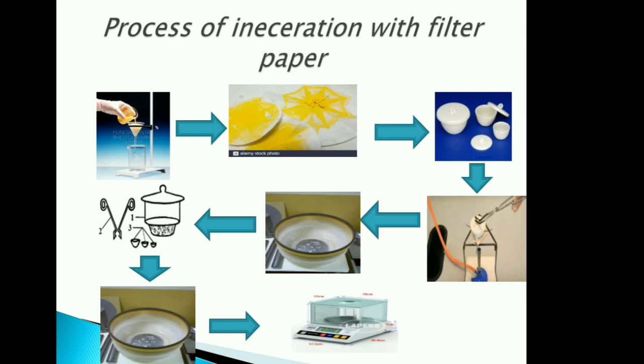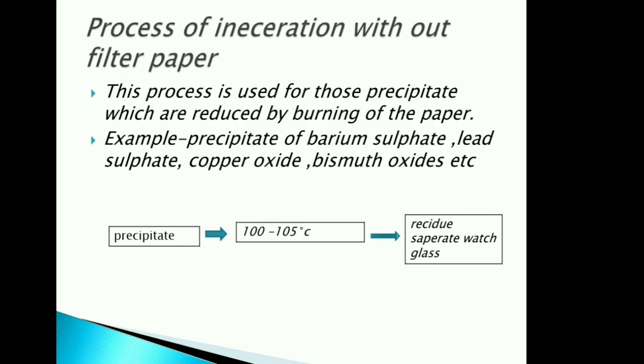This overall process is carried out till we get the constant weight. Once the precipitate has lost its moisture, the filter paper that was collected separately is burned, and it is put onto the silica crucible till we get the ashless residue.